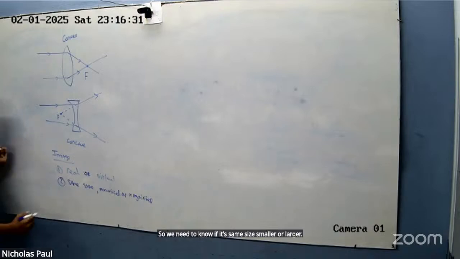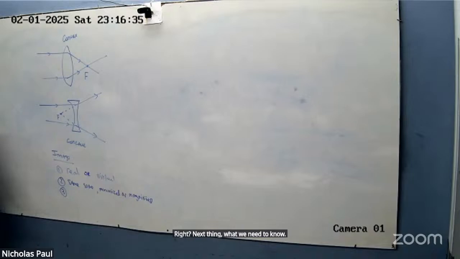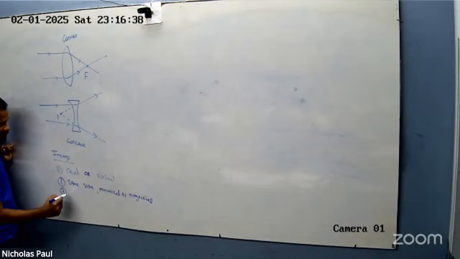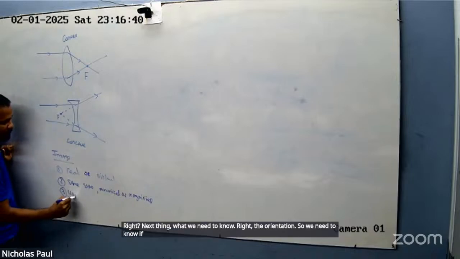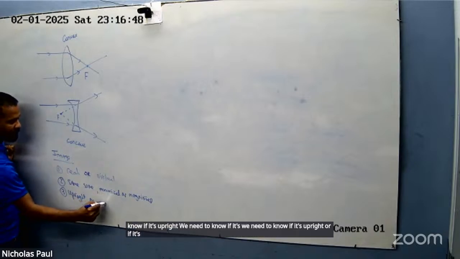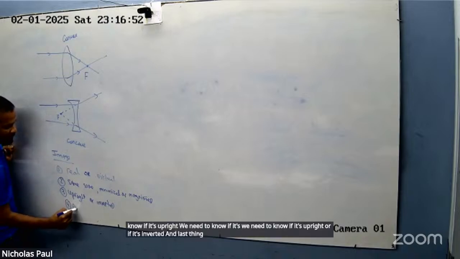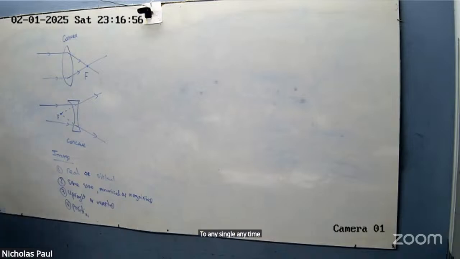Next thing we need to know is the orientation. We need to know if it's upright or if it's inverted. And the last thing, we need to know where it is. So anytime you describe an image, you have to know those four things.